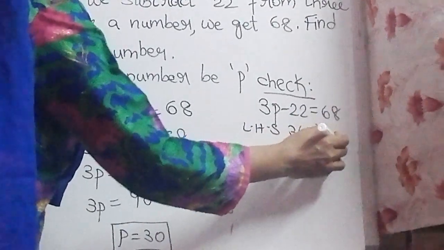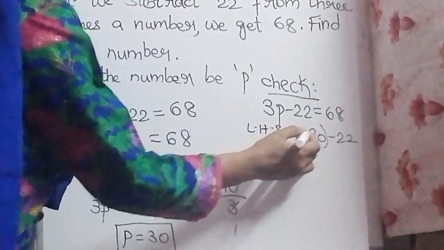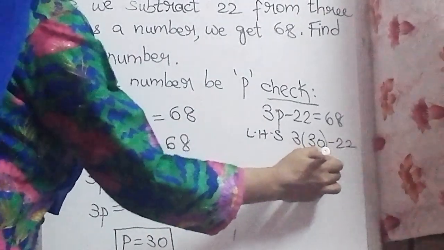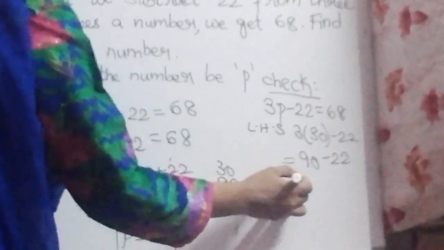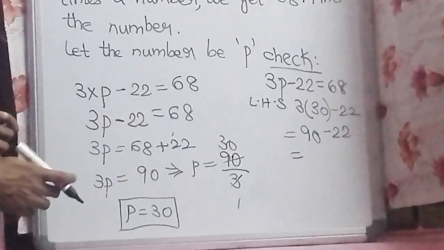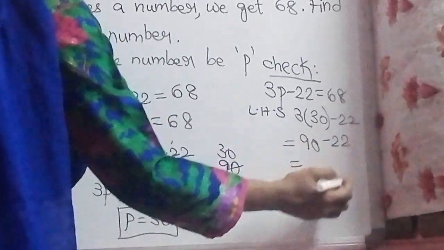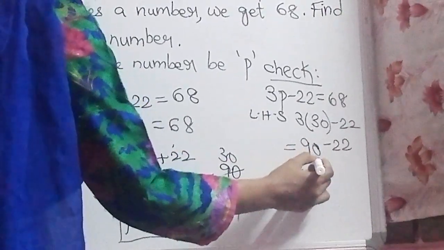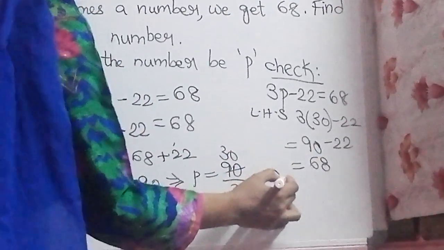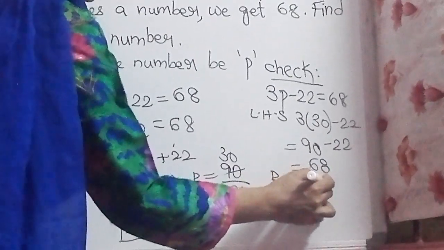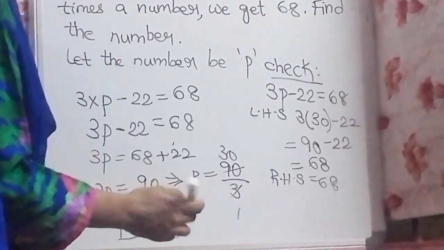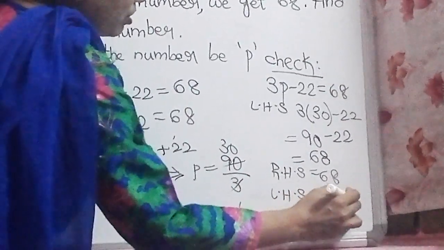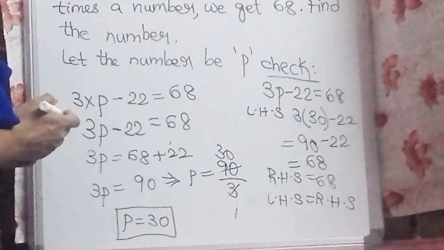So 3 times 30 minus 22. 3 threes are 9, 3 zeros are 0, so 90 minus 22. 10 minus 2 is 8, 8 minus 2 is 6, so 68. For the RHS, it's already given as 68. So LHS is equal to RHS. So the answer we got for P is correct.